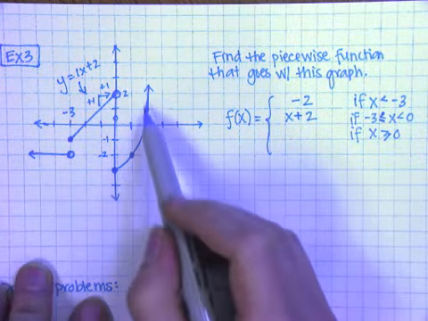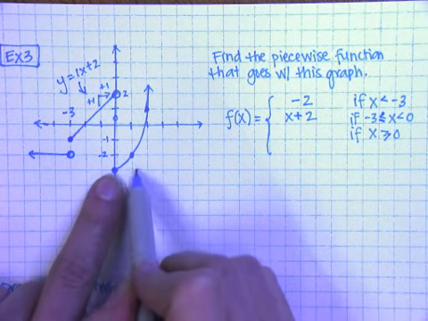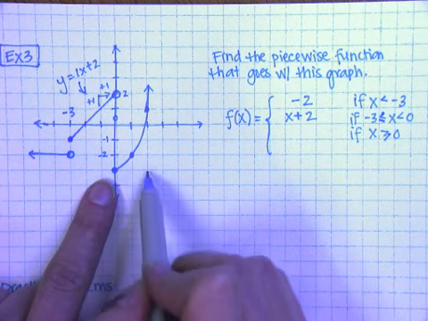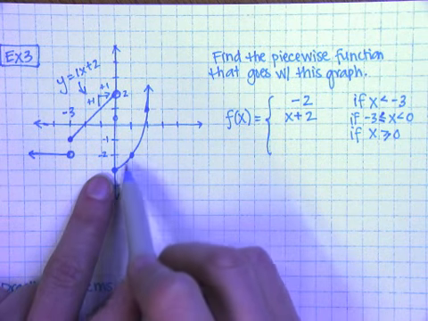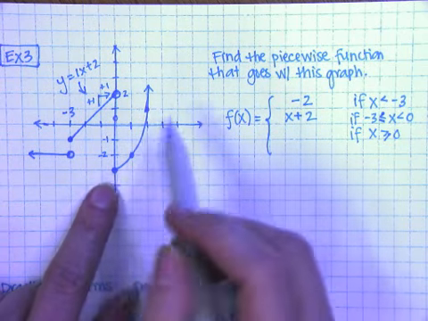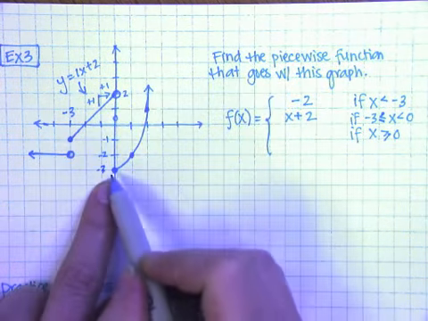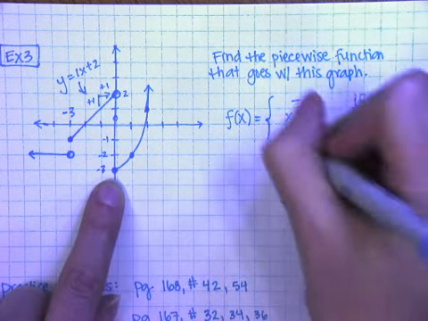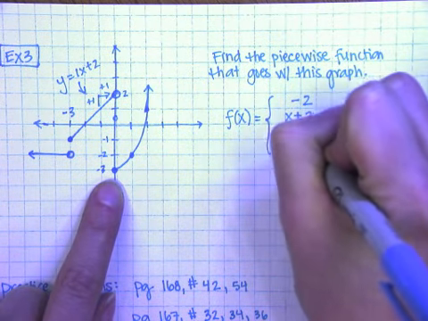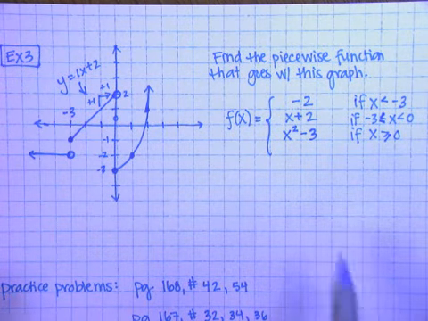And then this guy looks an awful lot like a parabola. You can tell because parabolas, if you go over 1 and up 1, and then you go over 2, up 4, 1 squared is 1, 2 squared is 4. So this is following a parabolic arc. And it's a parabola that's been shifted down 3 units because its y-intercept is down 3. So it's the parabola x squared shifted down 3 units. And there's your piecewise function.